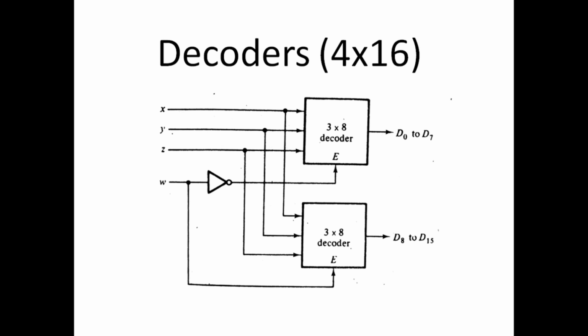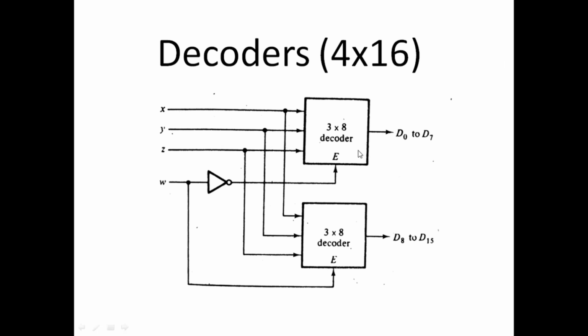This kind of decoder with an enable pin, if we have a 3 to 8 line decoder with the enable pin, such a decoder can be reused to design a bigger decoder. For example, a 3 cross 8 decoder may be used to create a 4 to 16 line decoder, like this.